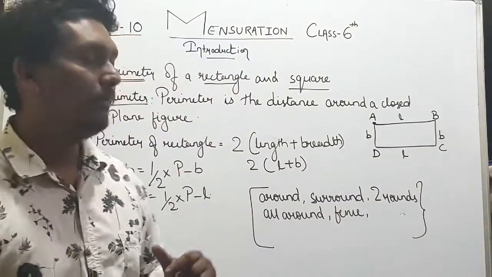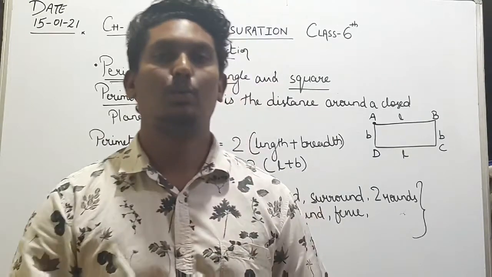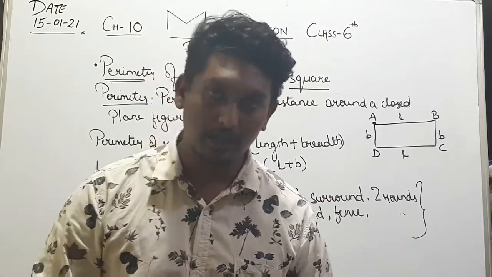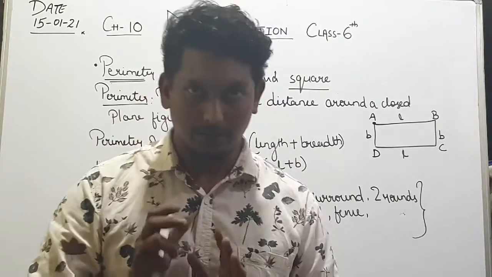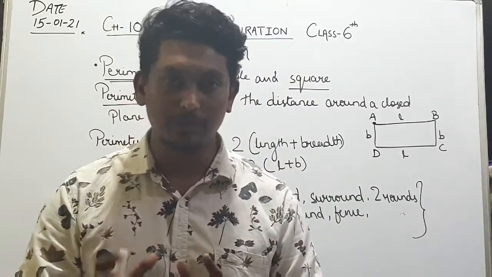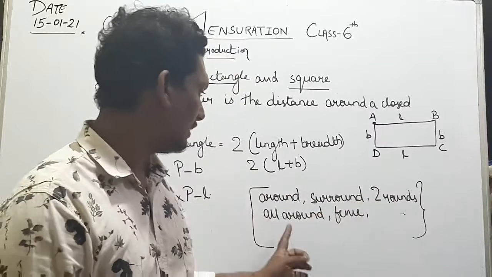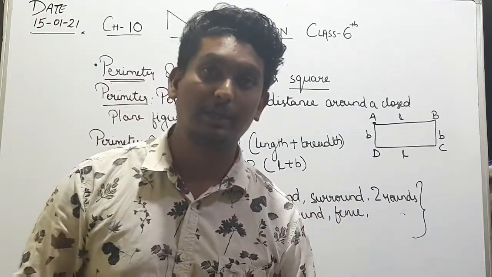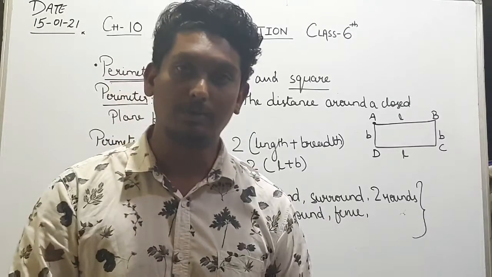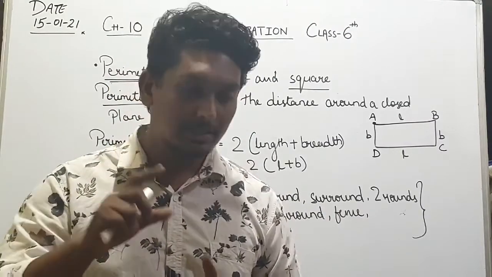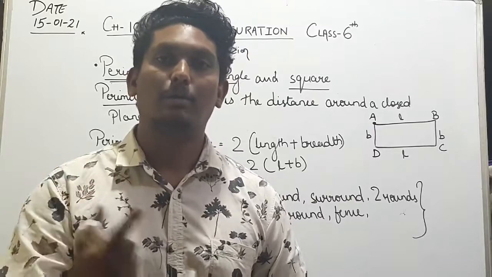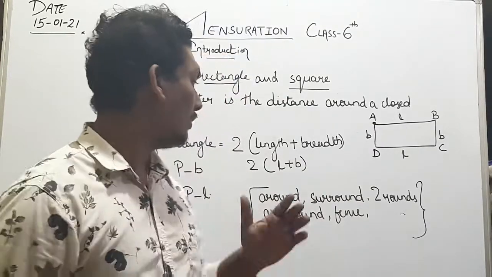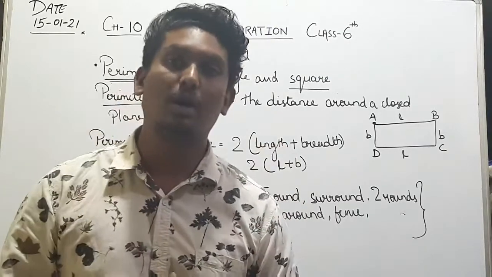Now the question arises, how do we know that the question is to find the perimeter? In perimeter type questions, these words appear: around, surround, all around, fencing, 2 rounds, 3 rounds, 4 rounds. For example, one man is running around a rectangular garden or park, or he is taking 2 rounds.